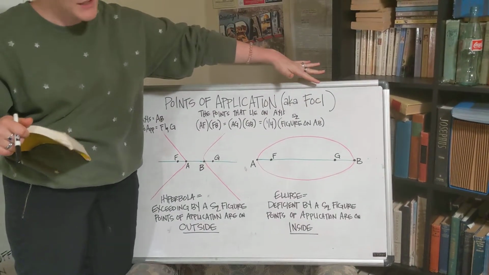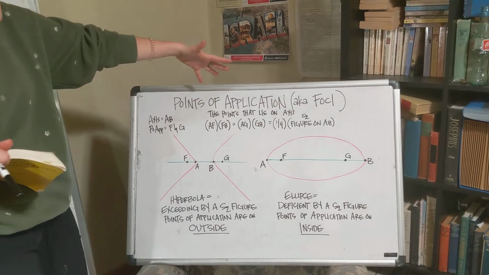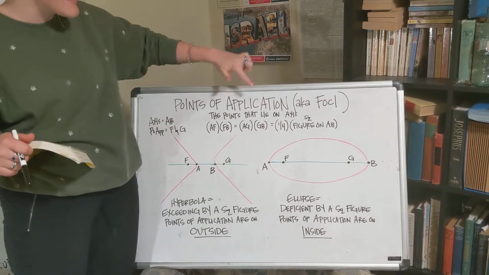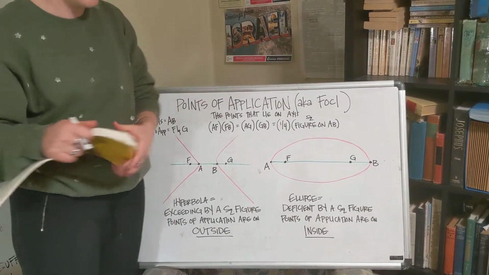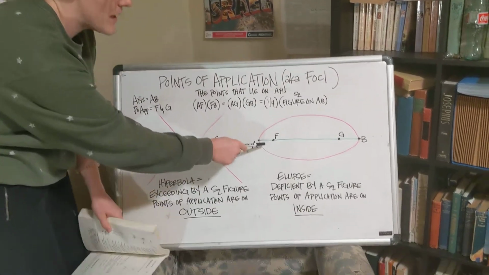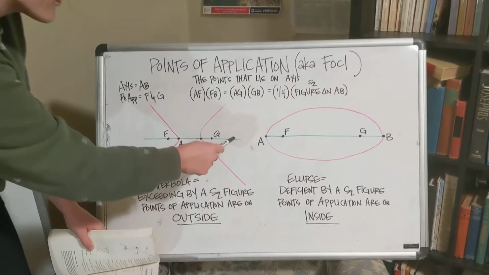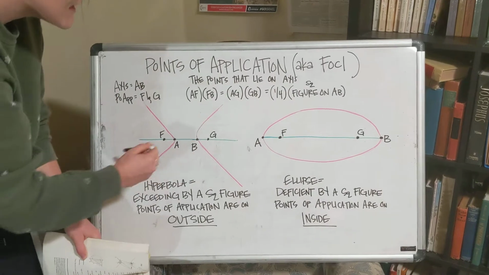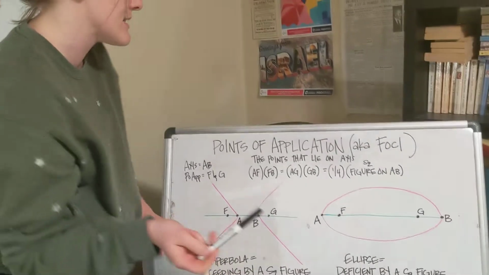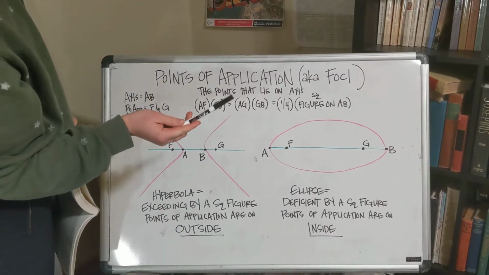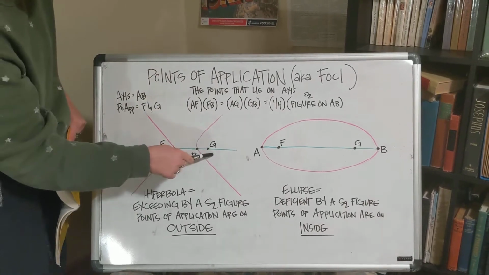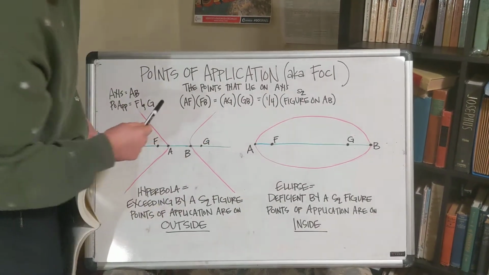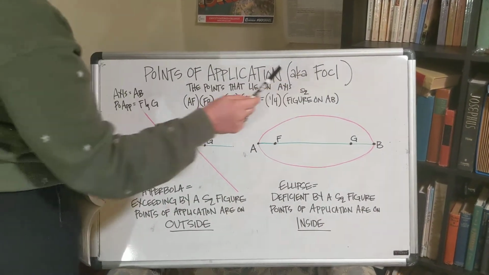So it's the same thing as foci. And what are the points of application? They are the points that lie on the axis line. So the axis line is AB here. So this green line in both of these, this is the hyperbola, this is the ellipse, would be the axis line. And the points of application are F and G on both of these axis lines. So those are the points of application, or foci.